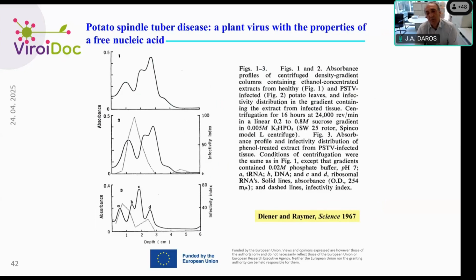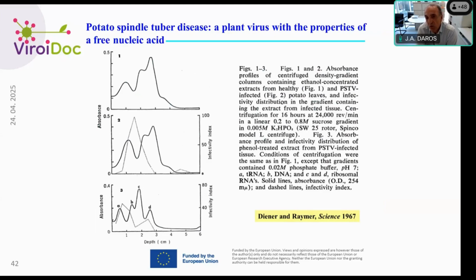Of course, Diener was not the only one. Many other people back in those days and in the following years were also working with viroids and made amazing contributions. I love this particular paper published by Diener and Raymer.